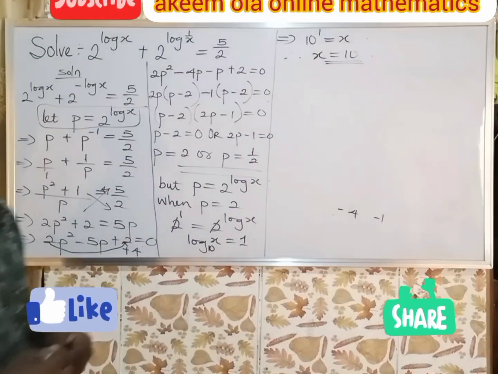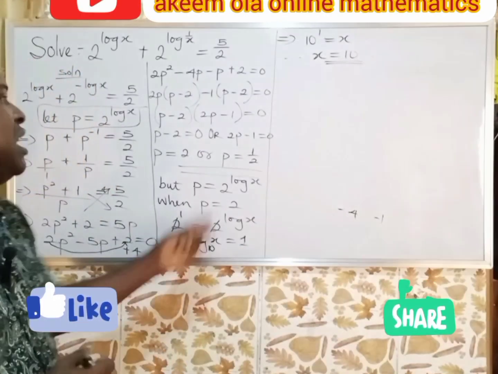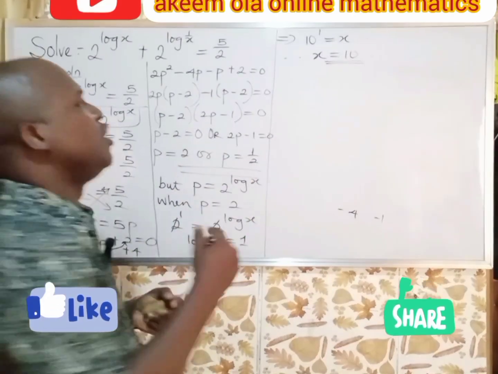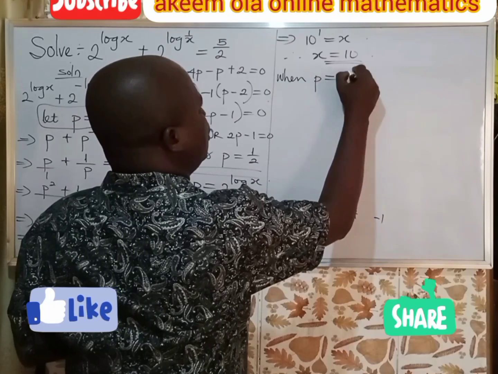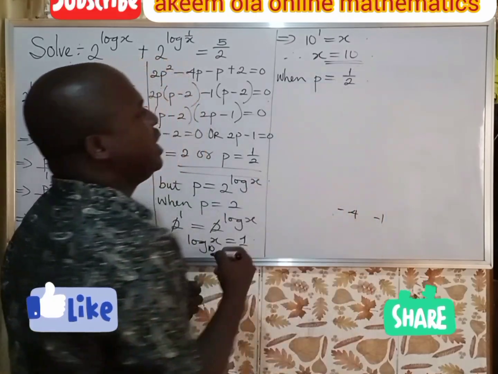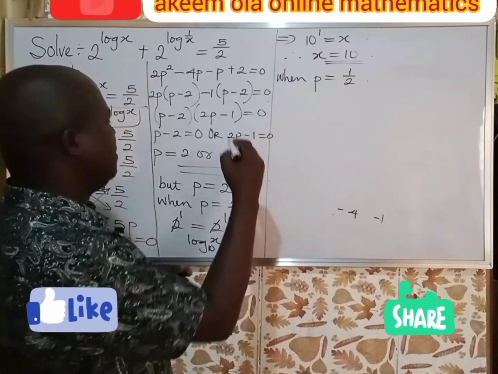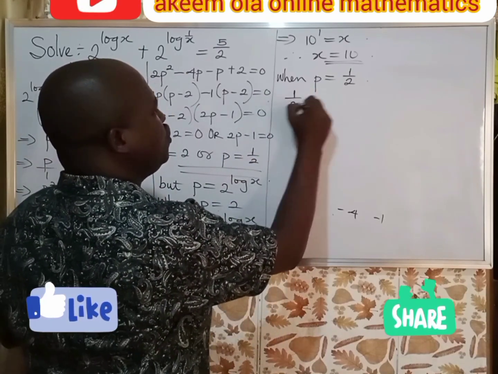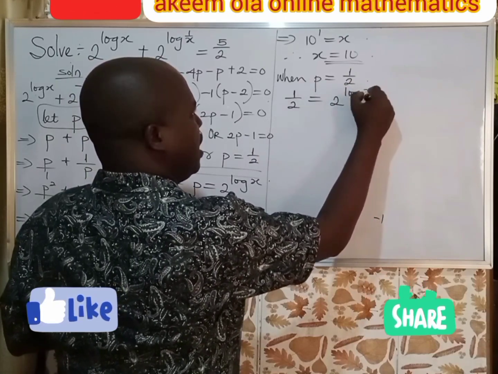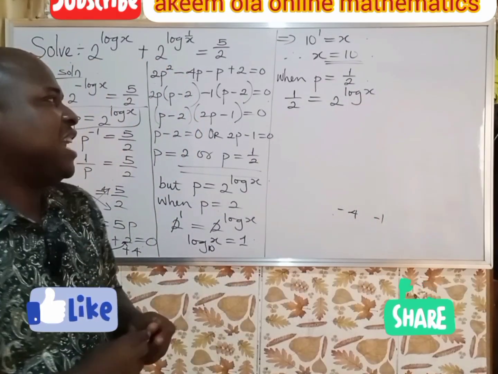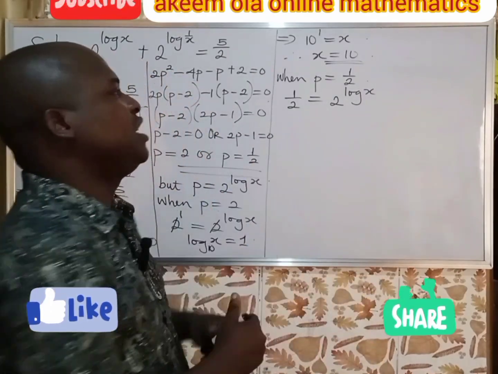I'm done with this. I need to find the second value of my x. So I will now consider the second value of my p. I will write, when p is equal to 1 all over 2, that means I'm going to have 1 all over 2 is equal to 2 log x. Then I can convert this to exponent form.